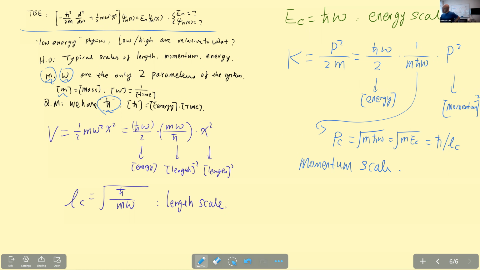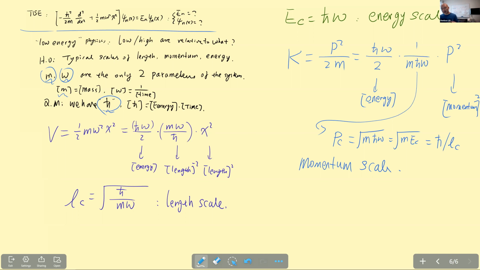That means when we study the physics of the harmonic oscillator, if we have a large amplitude oscillation or large energy, or a small oscillation or small energy, or a large or small fluctuation, we should always compare those quantities to this length scale, this energy scale, or this momentum scale, depending on what quantity we are looking at.